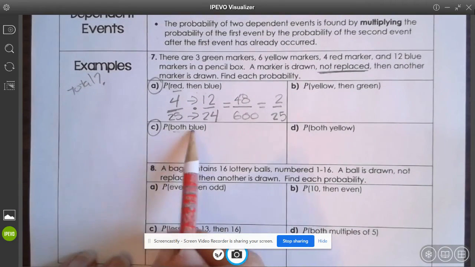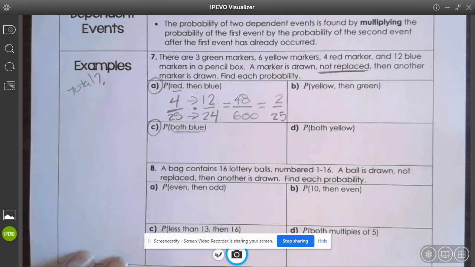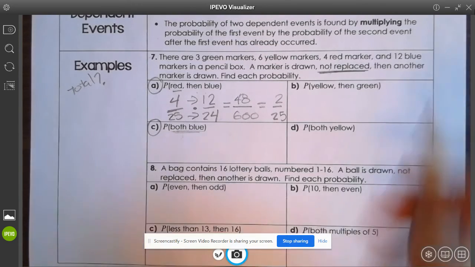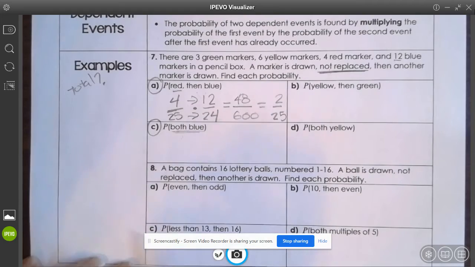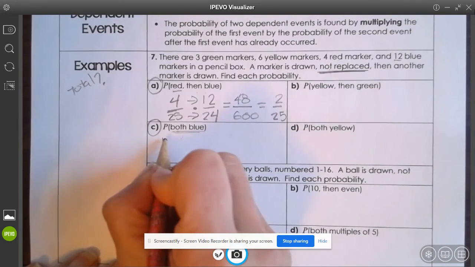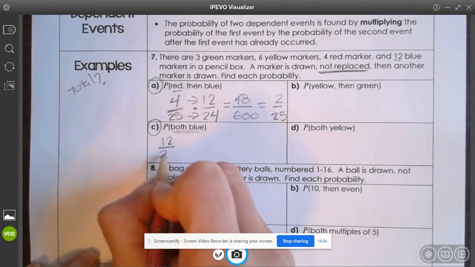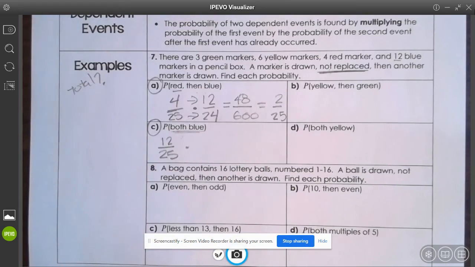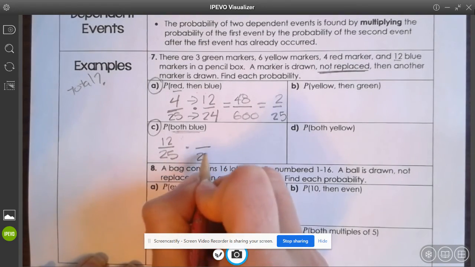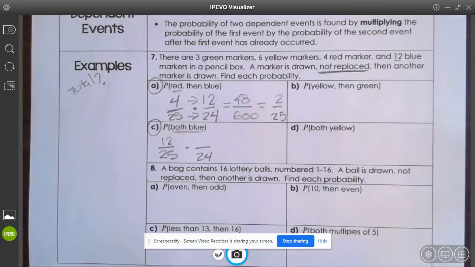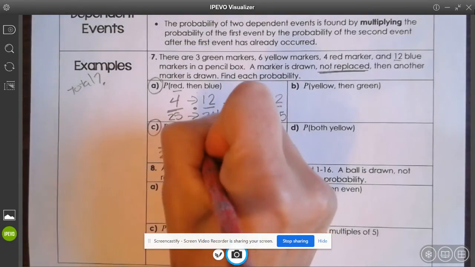All right, let's do this one. So what happens when both are blue? So you're not replacing. There are 2 events happening. So you take one first. That counts the total down by 1. But if it's blue, you count the blues down by 1 too. So how many blues are there? There are 12. So in the first draw, you have 12 over 25. But in the second one, the total drops by 1, and the blues, because it's blue, also drop by 1.